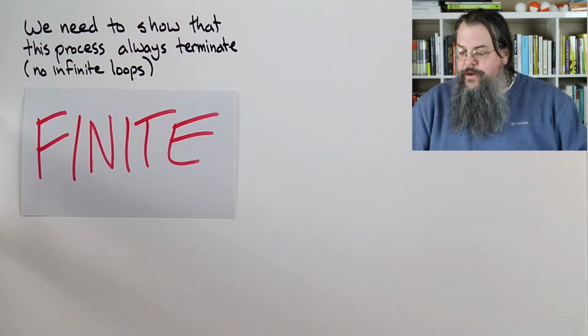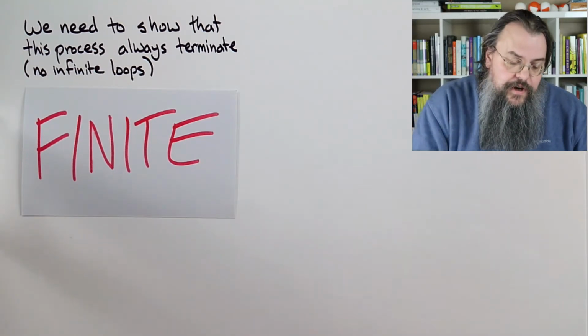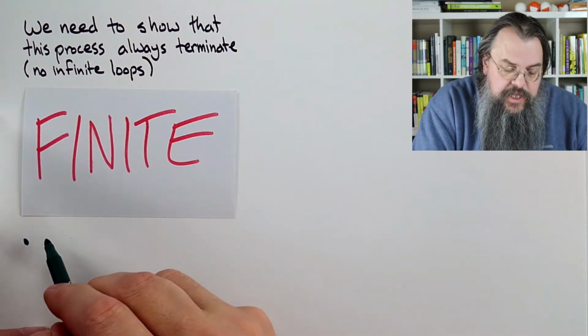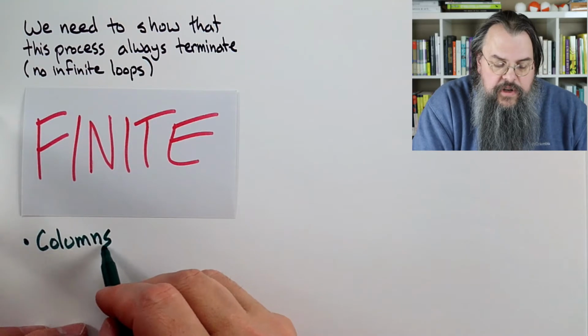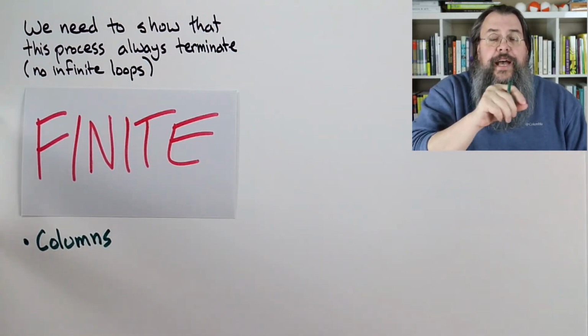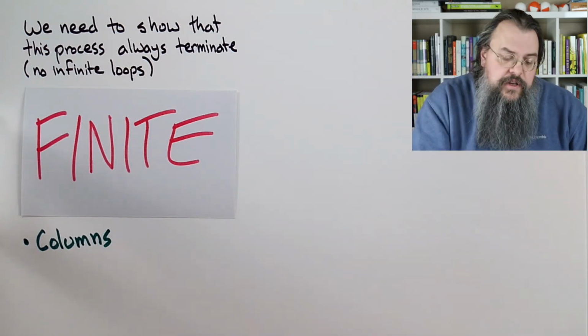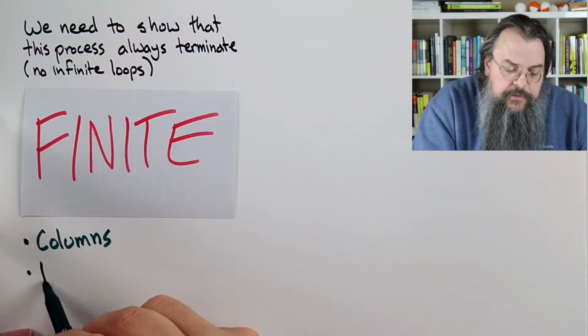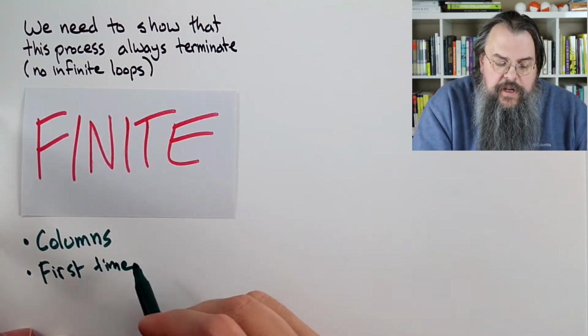Okay, so what's the thing that we want to focus on? We're going to focus on columns. That's going to be our key that we're going to go off of. So we're going to say, okay, we're placing the rook down, and we keep track of the columns. Which columns have we actually seen? In particular, there will be a first time that we repeat a column.